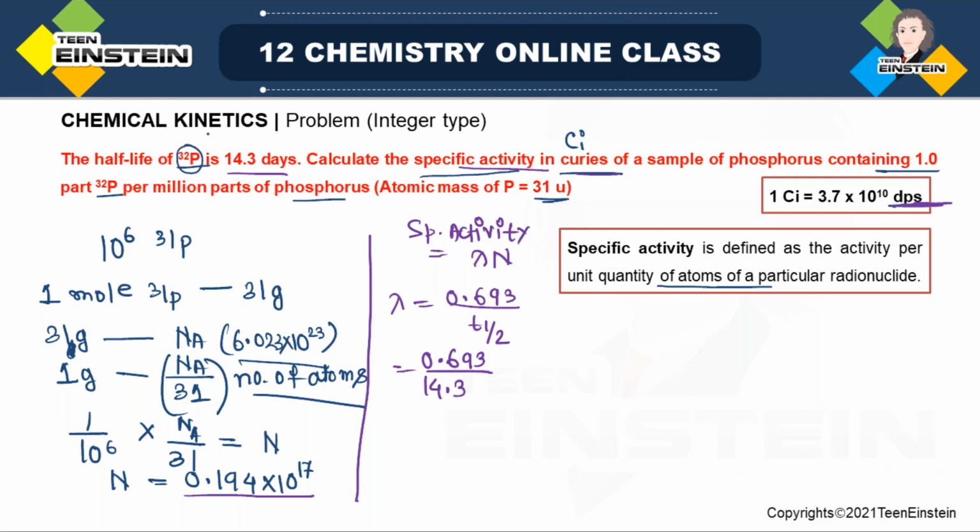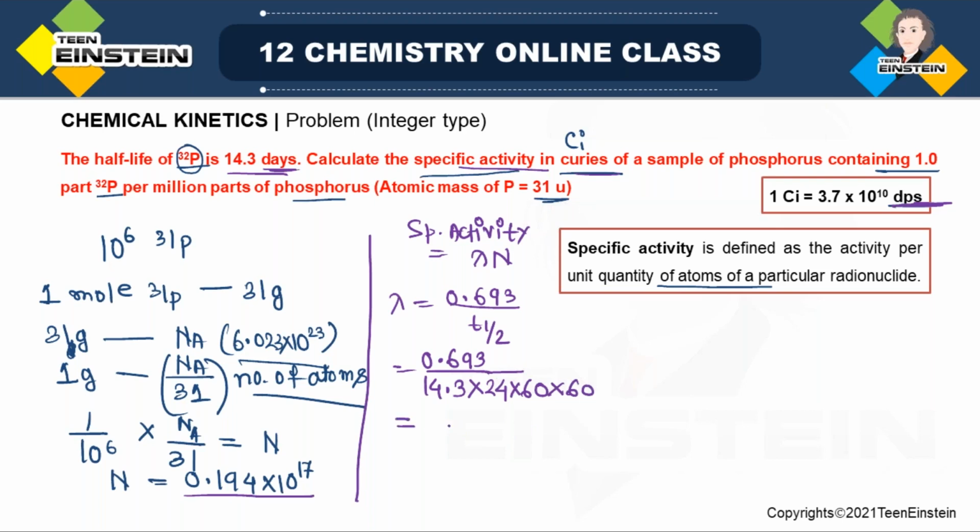Here it is given in days, but we have to convert it to seconds. So the number of days, 14.3, we will multiply by 24 hours for one day. So 14.3 into 24 will be the total number of hours. From hours we have to convert to minutes, so it will be multiplied by 60, and from minutes to seconds, so again it will be multiplied by another 60.